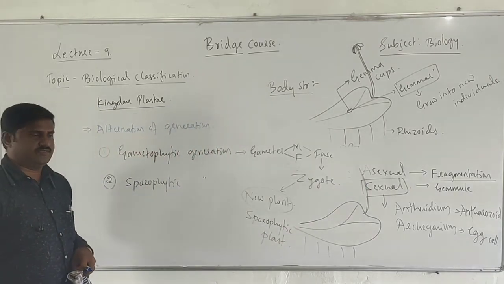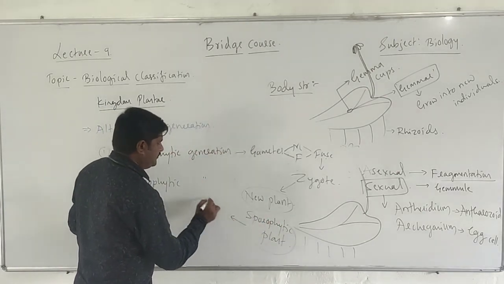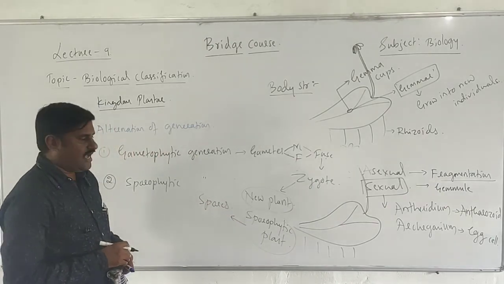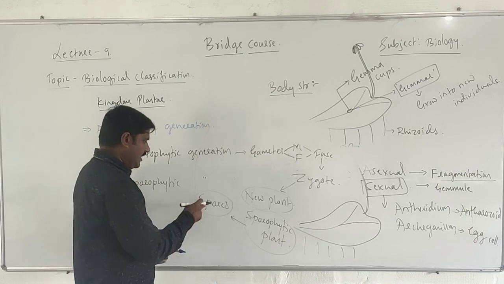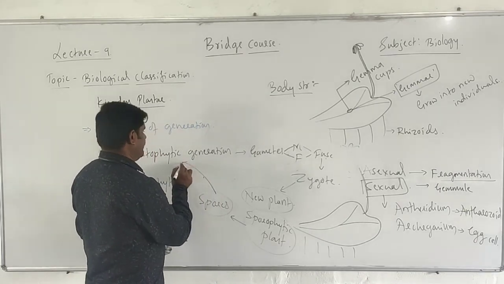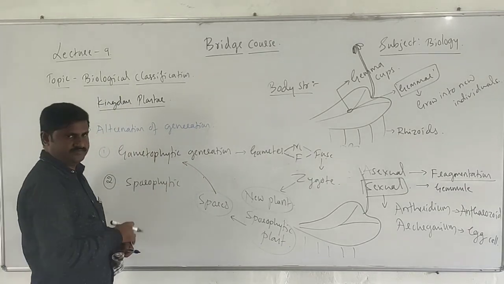This sporophytic plant produces spores, and these spores produce the gametophytic generation or gametophyte, right?